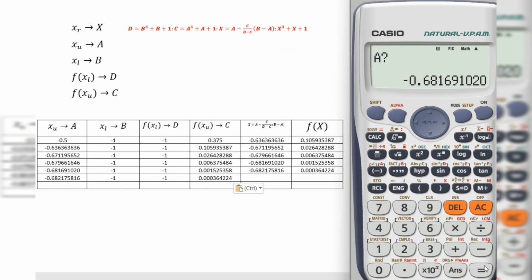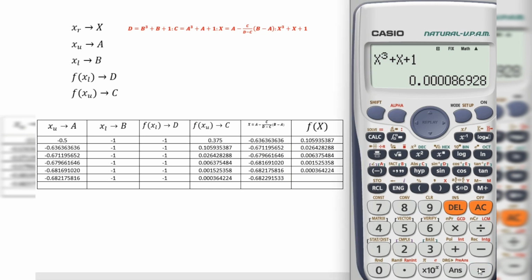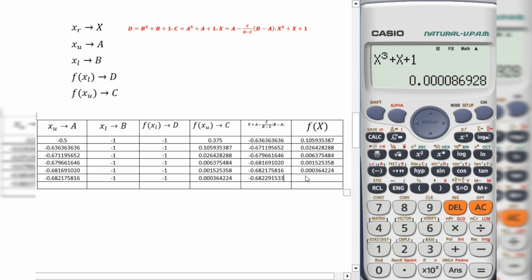B is equal to minus 1, A is equal to X and D is equal to minus 1, C is equal to this value and X equals minus 0.682291533. Again the function value is positive, 0.000086928.